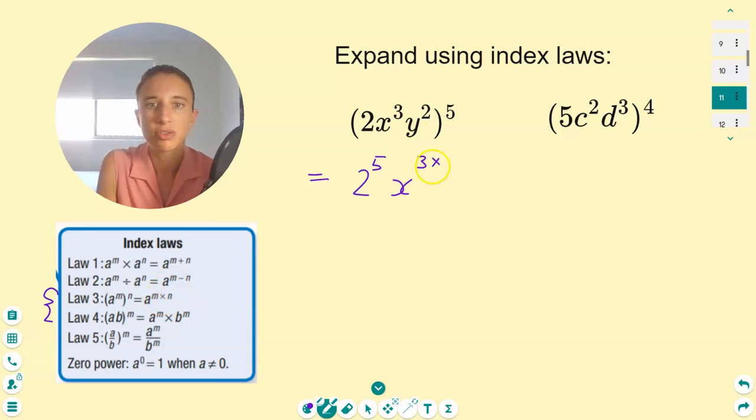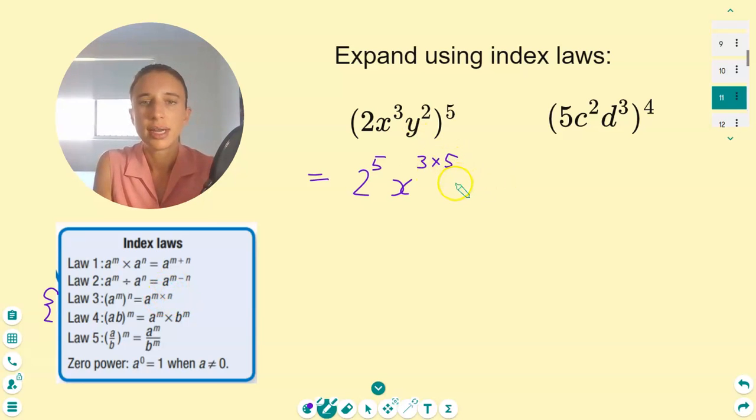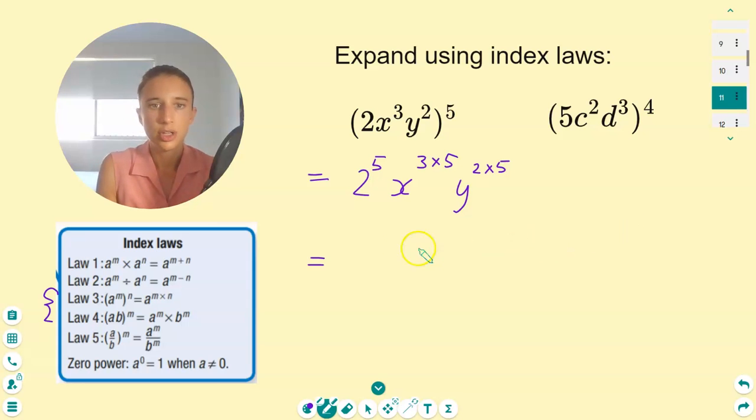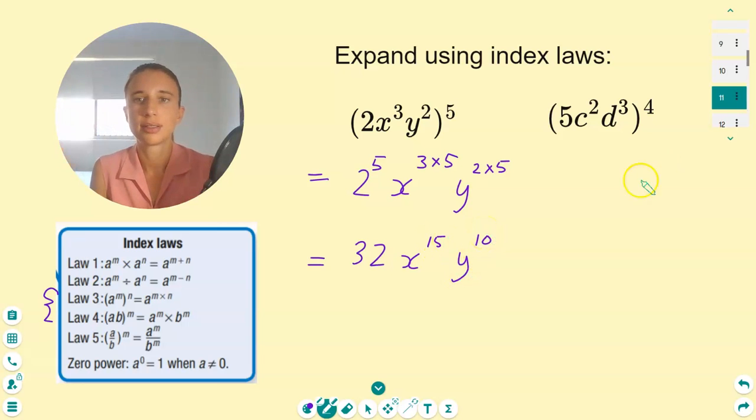So that's going to be 3 times 5, and we'll have y to the 2 times 5. Now let's simplify it a bit. This is a normal number raised to a power, so let's put that in our calculator. 32, x to the 15, y to the 10, and that's all you can do there.